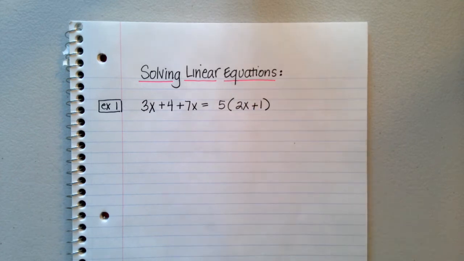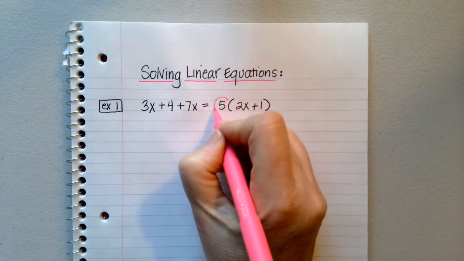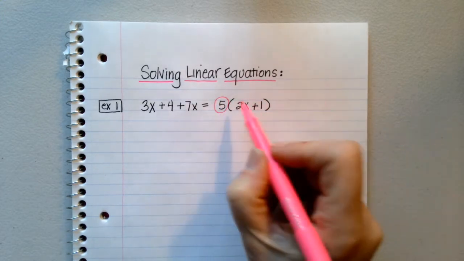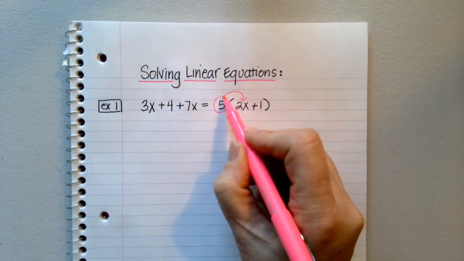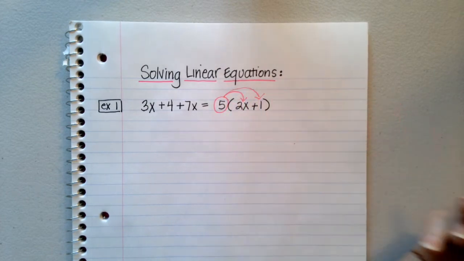As a reminder from last week, the first question I need to ask myself when solving equations is, do I need to distribute? In this case, yes, I see parentheses. So I need to distribute this 5 that's out in front of the parentheses. It needs to get multiplied by the 2x and also by the 1.